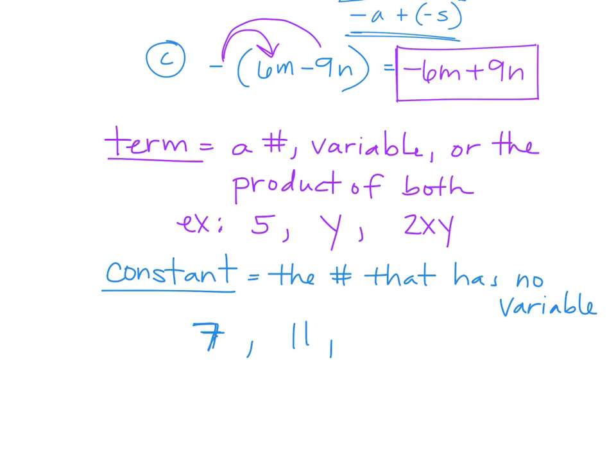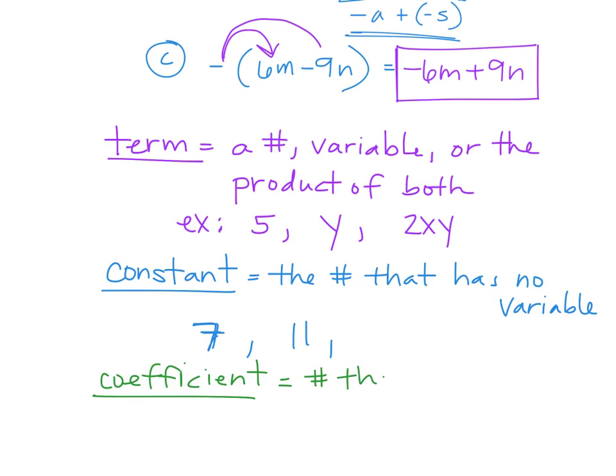Another term, coefficient. Does anyone know what a coefficient is? You've probably all heard it, right? But it's not one that tends to stick if you haven't used it a lot. A coefficient is basically the number that comes before a variable.